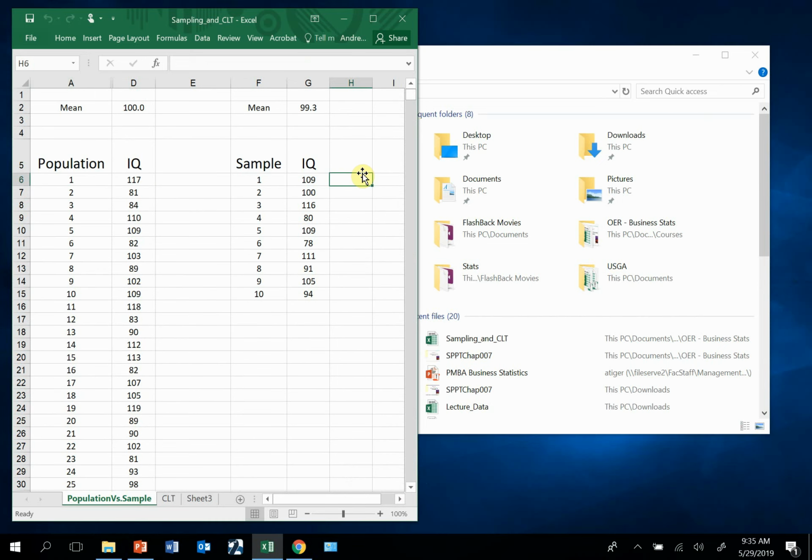But here's the deal. How close is the sample average to the population mean? Does it represent it or not? You can see that sometimes it's smaller, sometimes it's bigger, and that's actually quite a bit bigger.